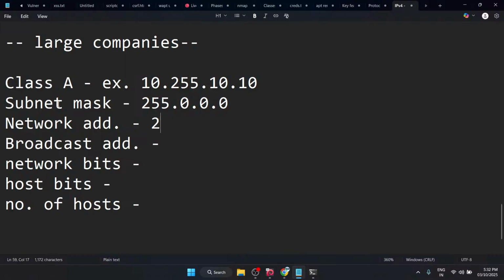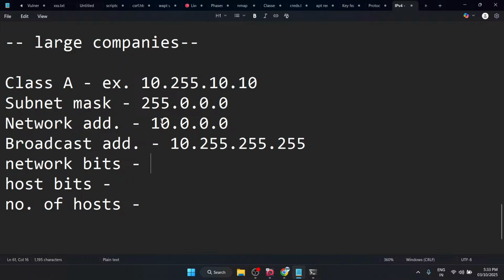So if we talk about network address, here this octet is going to be the same because there is only one octet in the subnet mask that contains 255, which represents the network portion. So here network portion is going to be the same, 10 dot, and the rest will become 0.0.0 because these are host portion. Now talking about the broadcast address, that is going to be the last address of this network. So again 10 dot, then 255.255.255.